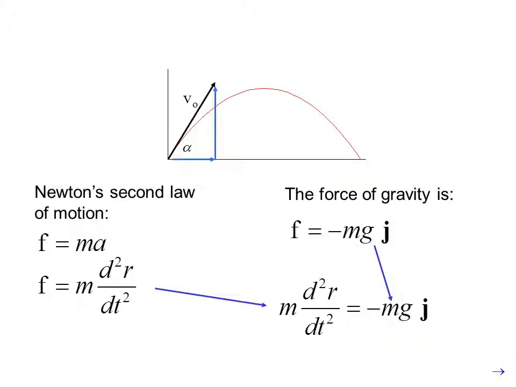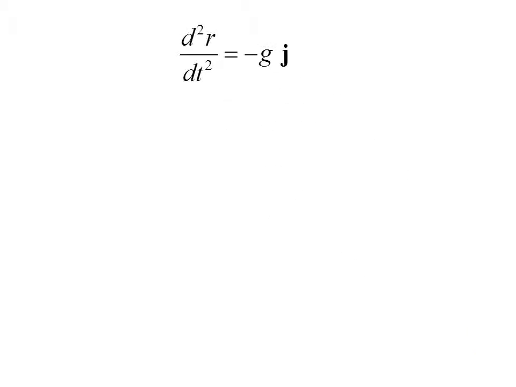So we set these equal to each other, and we have m d squared r over dt squared equals negative mg j. Since we have mass on both sides of the equation, we can cross out mass. So the second derivative, d squared r over dt squared, equals negative g j, and this is in the vertical direction.